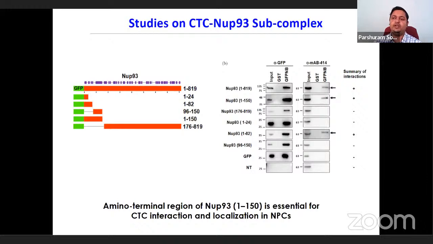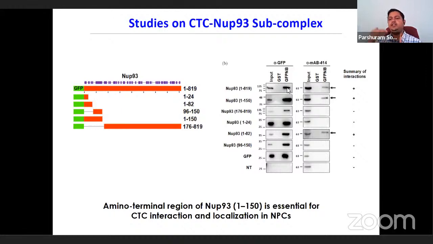Say protein X interacts with your protein of interest, which is tagged: pull down with the antibody against protein A, and then detect protein B. In this case, I transfected this set of constructs into human HEK293 cells, and lysed the cells after 3 days of expression. After lysis, we pulled down with anti-GFP antibody, or in this case specifically a nanobody, which is a version of antibody. With that, we pulled down NUC93.